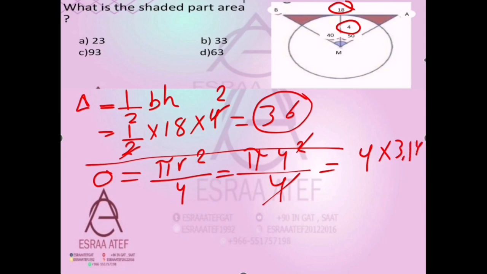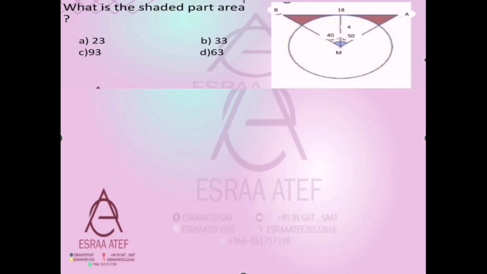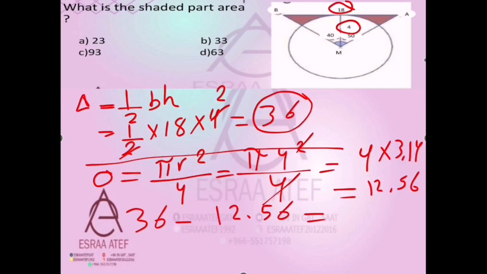By multiplication it will be 12.56. And then we subtract them from each other, 36 minus 12.56, which is nearly 23. So we will choose A.